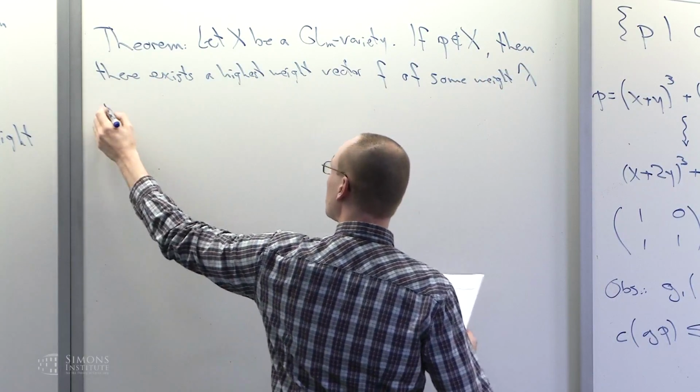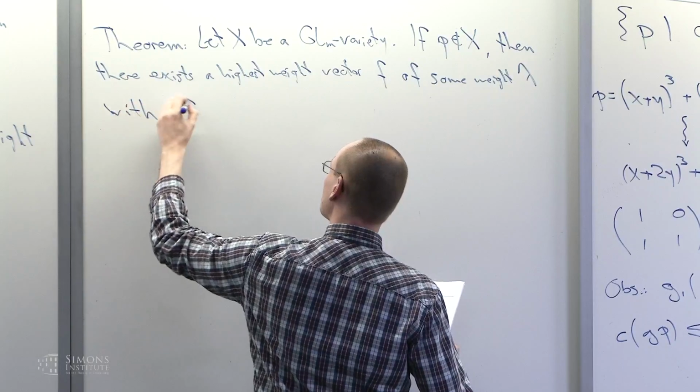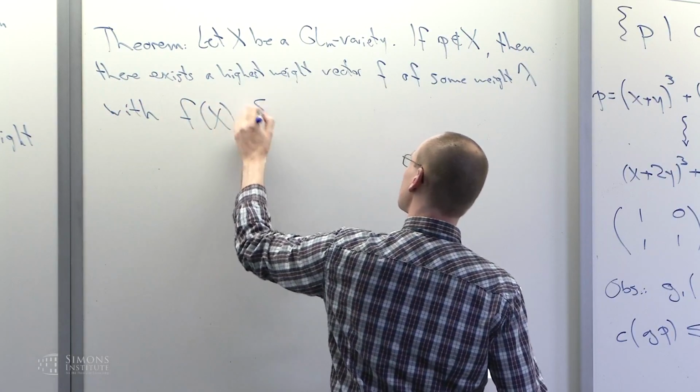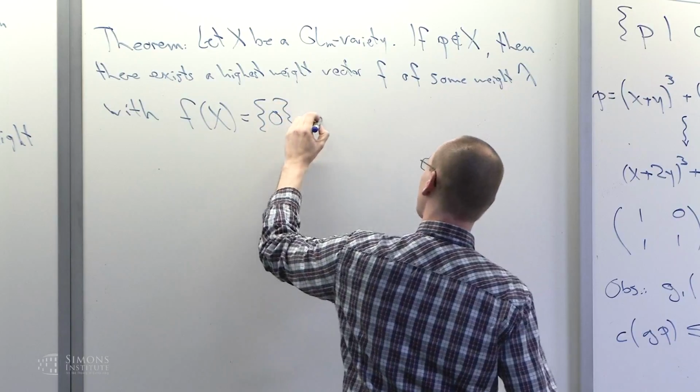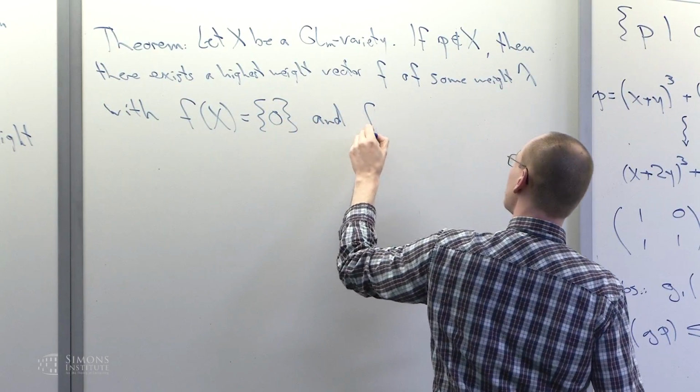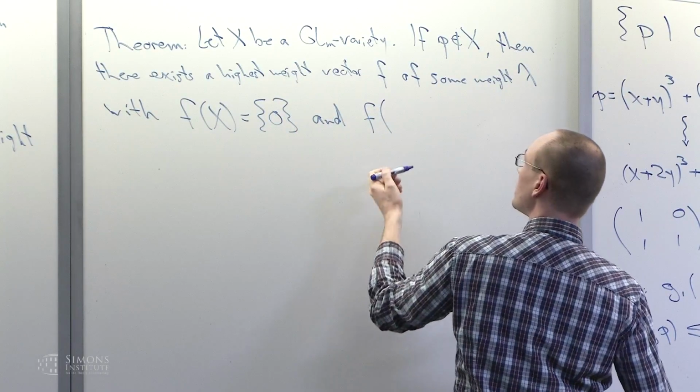So on your variety it's constantly 0, and on your point you want it to be non-zero, but that's not quite true.